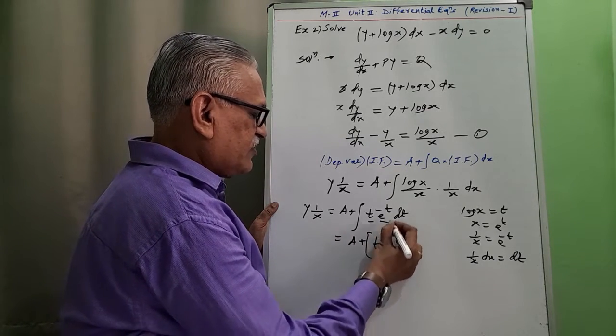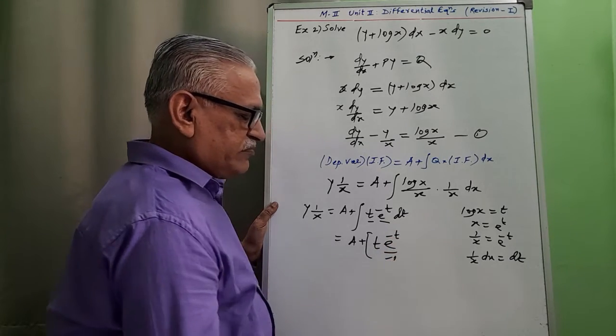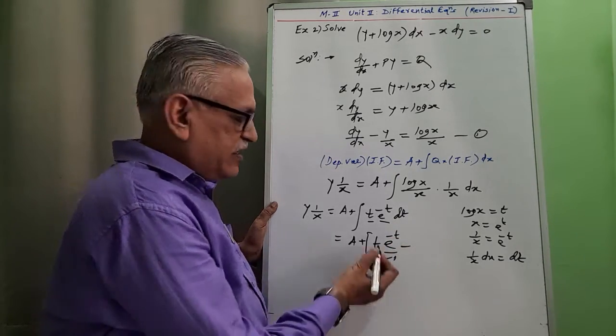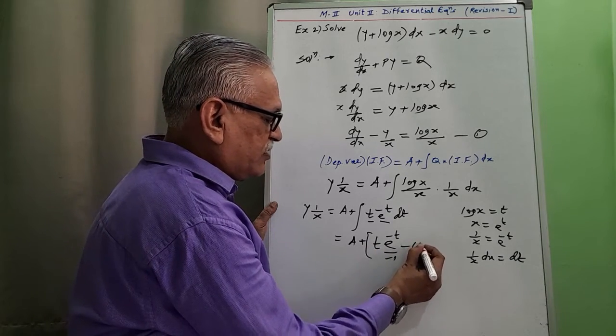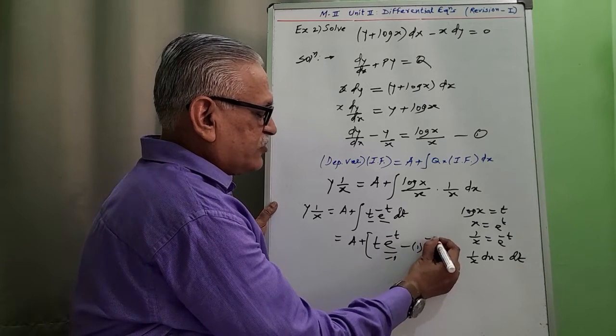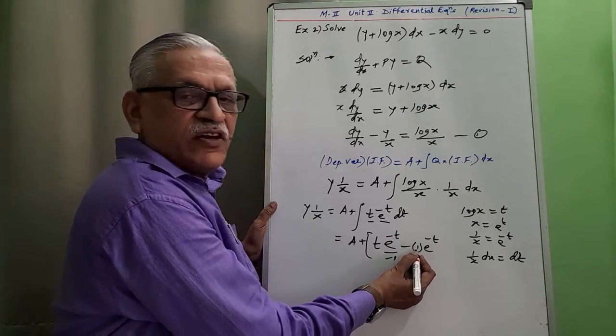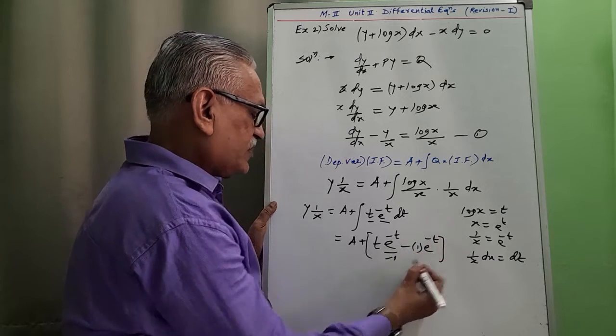First term into integration of second with respect to t, then minus derivative of first with respect to t, which is 1, into the next integration, e raised to minus t upon minus. This minus becomes plus, and the next derivative is 0. We stop here.